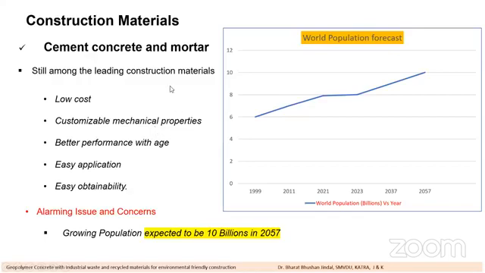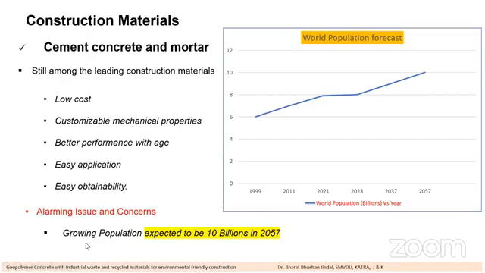Now the question is, if conventional construction materials have such merits, then why are we discussing this? There are some issues, alarming issues and concerns. First of all, why these concerns?